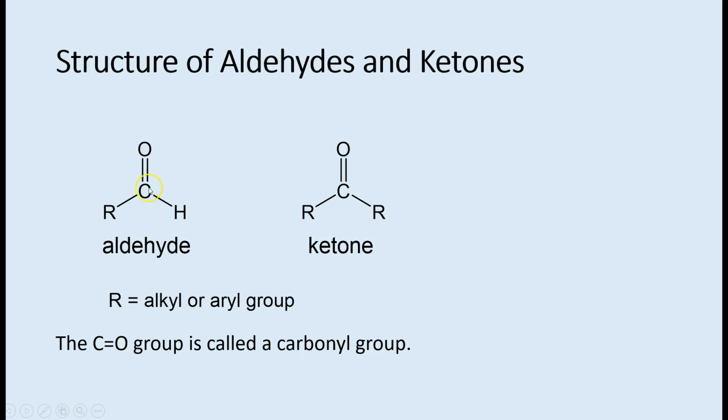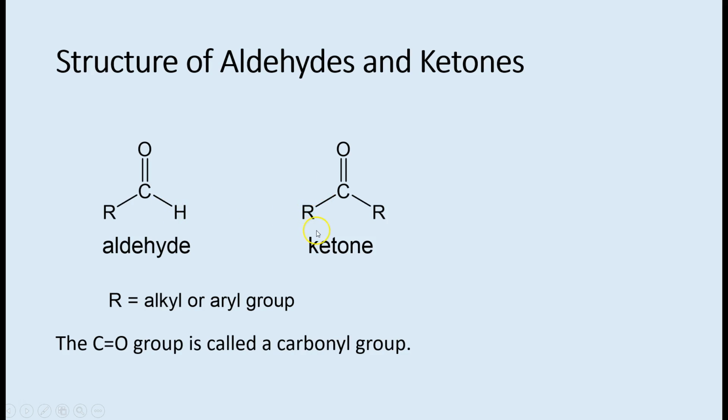What that leaves the carbon, since carbon always makes 4 bonds, anytime it is double bonded to an oxygen, is 2 other bonds to make. If one of those bonds is to an alkyl group or an aryl group, and the other bond is to hydrogen, then that is going to be an aldehyde.